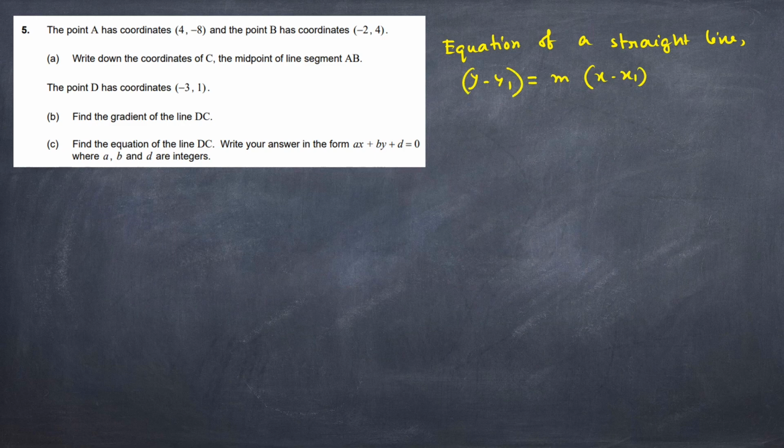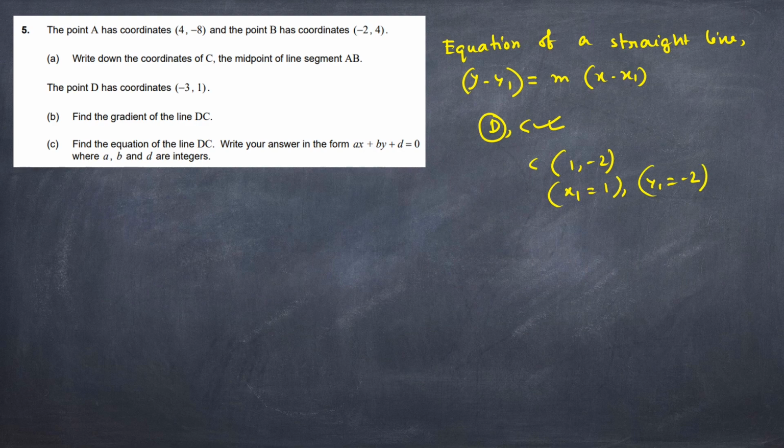For x1, y1 we can use any point, D or C. I am choosing the point C, you can also take the point D. C we found to be 1, comma minus 2. So x1 is equal to 1 and y1 is equal to minus 2.